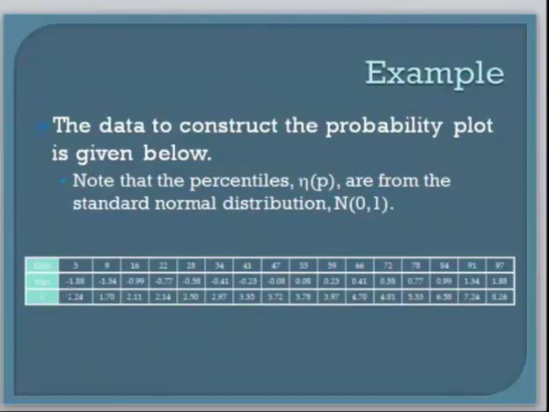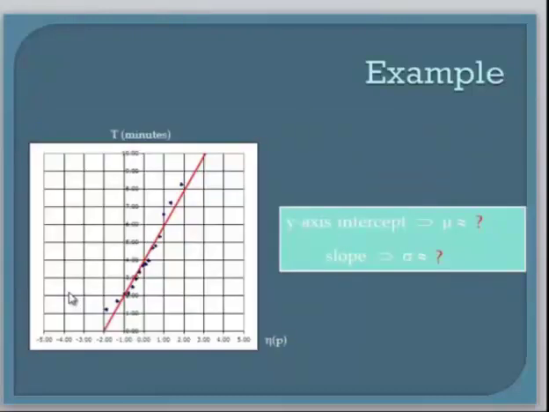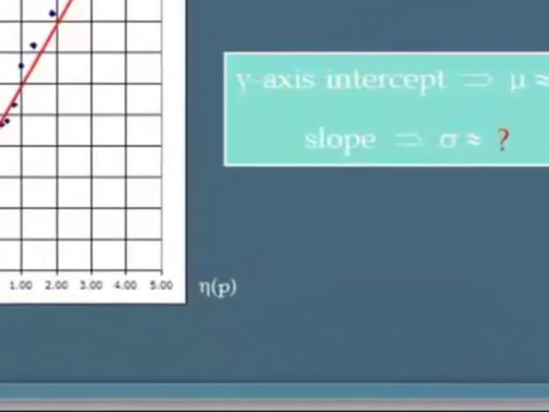And remember, this is related to a z characteristic because we're saying it's a normal distribution. Here's our times, and we go ahead and plot things out, and you can see sort of, kind of, it seems to work, be kind of linear. And all you have to do, and I'll leave this for you, is to calculate out the y-axis intercept, and that's the mean. And of course the slope itself is the standard deviation.